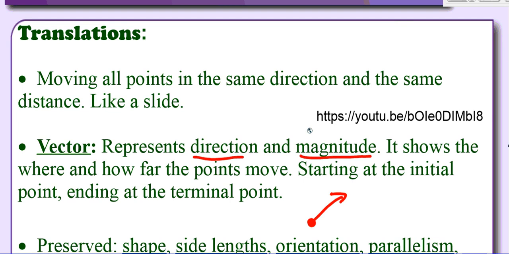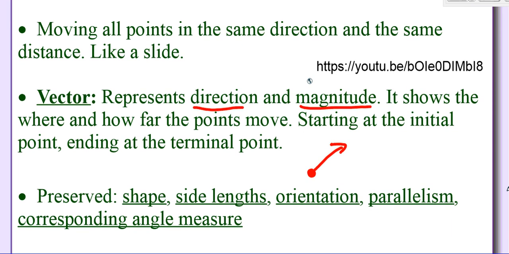So when you do a translation along a vector, it preserves shape, side length, orientation, parallelism, corresponding angle measures, all that sort of stuff. So stuff that was parallel, still parallel. All the side lengths stay the same, the shape stays the same, angle measures stay the same.